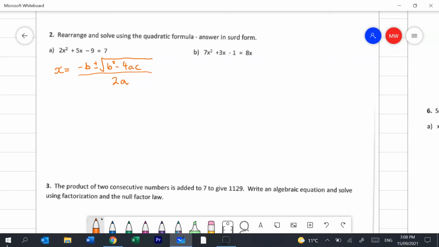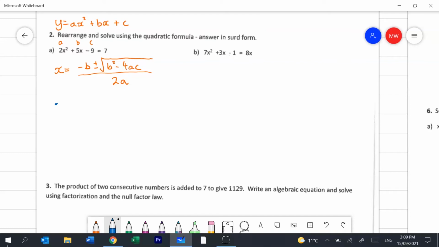Okay, and remember that all of these equations follow this rule. We've got ax squared plus bx plus c, okay? So in this case, we've got a 2 being a, we've got a 5 being b, and we've got c being minus 9. And now all we do is just sub in and solve.